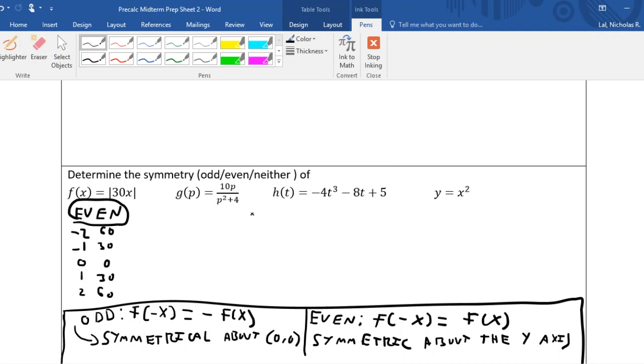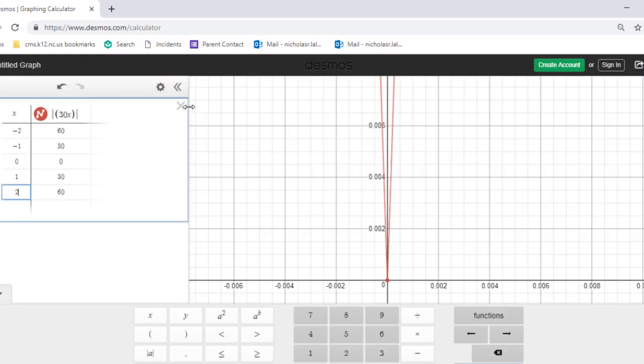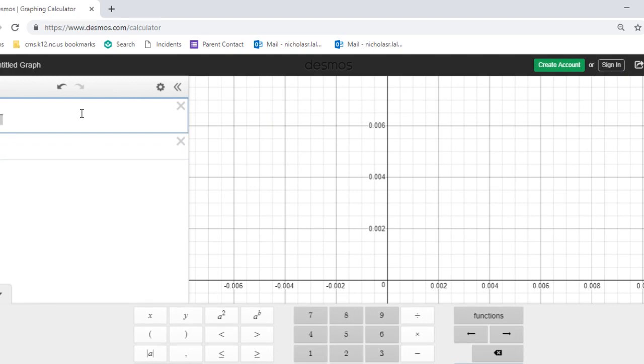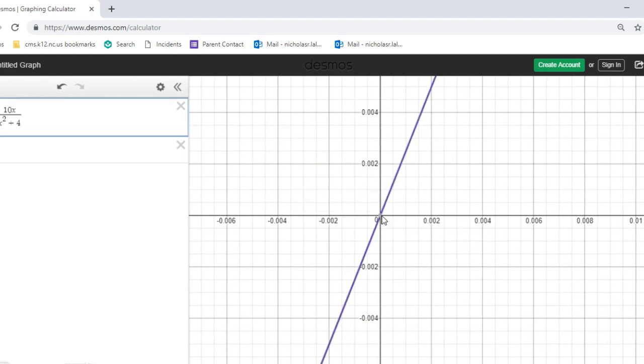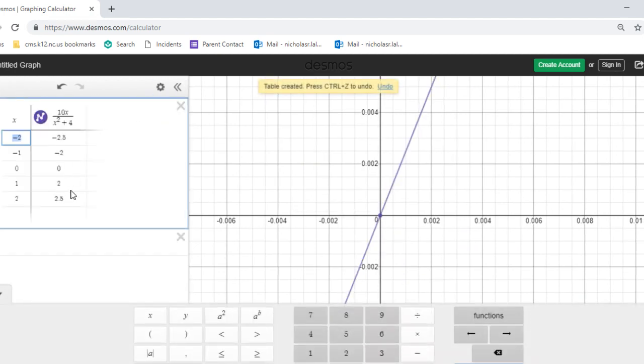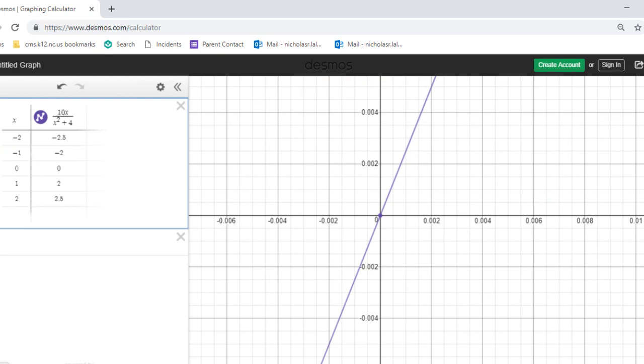All right, next one: 10p over p squared plus 4. In Desmos, I'll put in 10x over x squared plus 4. Hopefully you should see this is an odd function. Comparing positive and negative inputs, the output has the same absolute value, but one's positive, the other's negative.